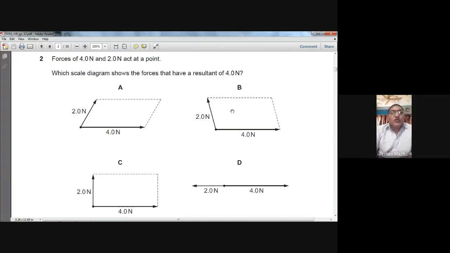So if you do it, you will come to know that B is the choice. Kindly do it, and then you will know, okay, the length from this point to this point, which is the resultant of these two forces, is equal to the length of 4 Newtons. So B is the choice.